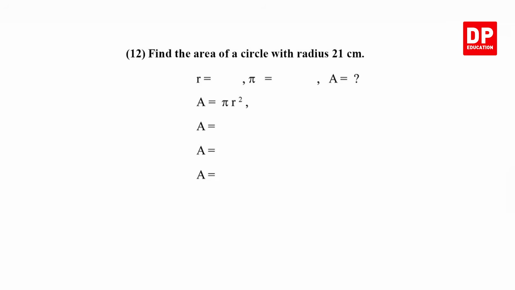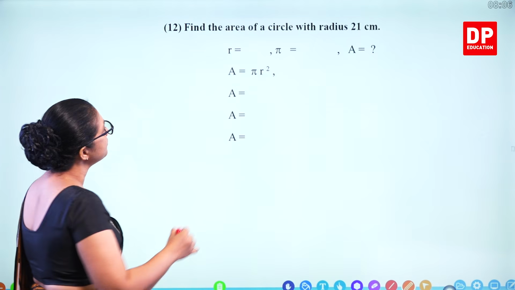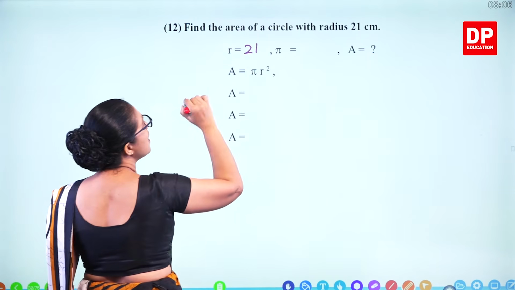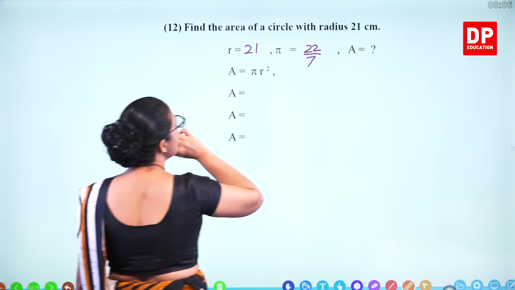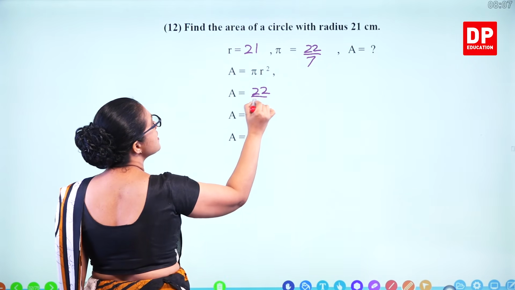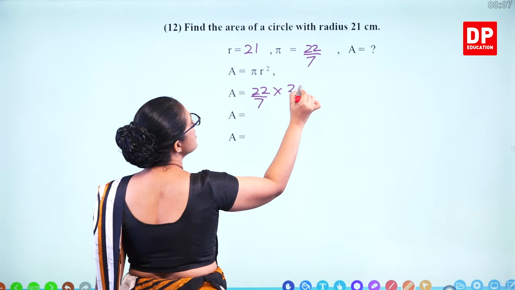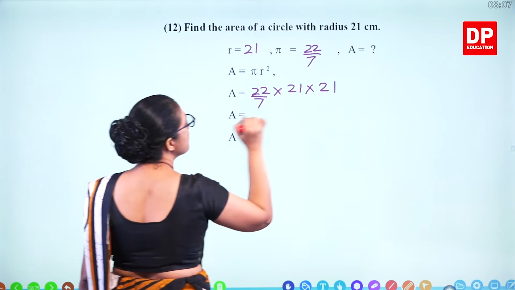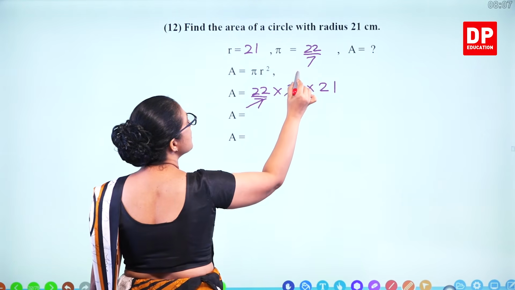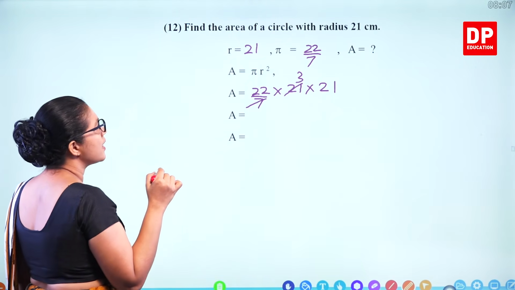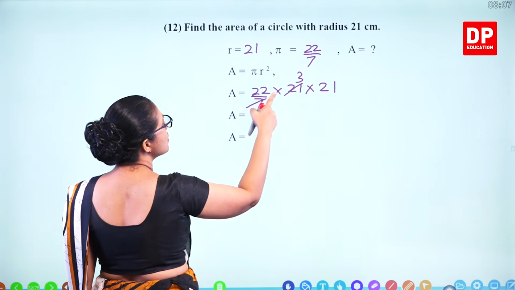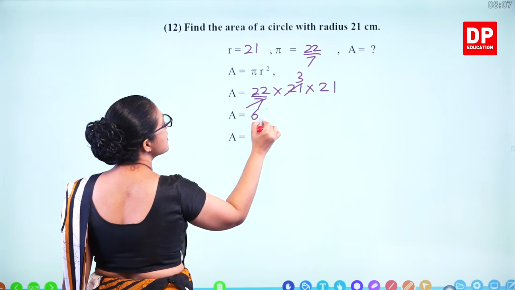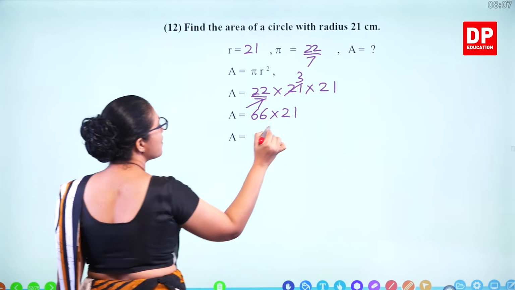Find the area of a circle with radius 21. 21 and pi will take 22/7. You need to find the area. 22/7 times 21 times 21. 7 times 3. So you get 22 times 3, 66 into 21.